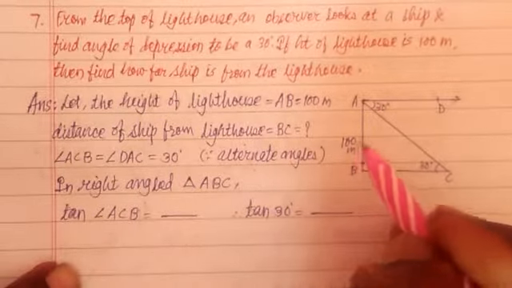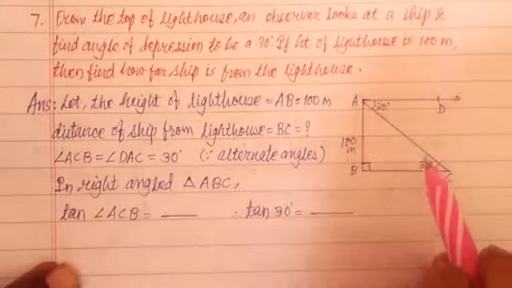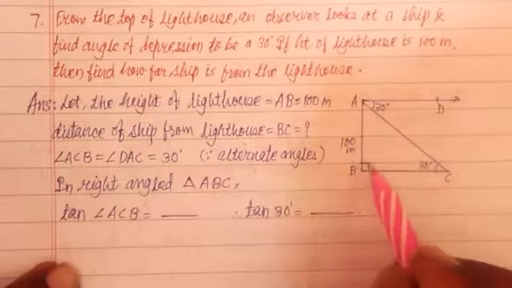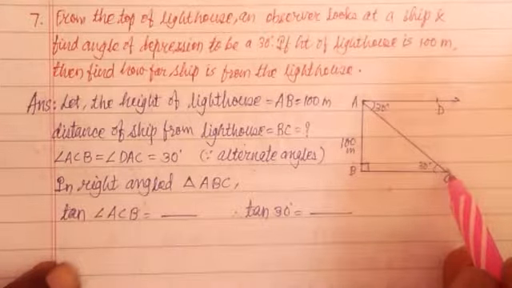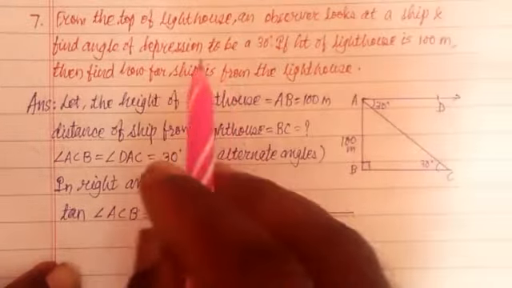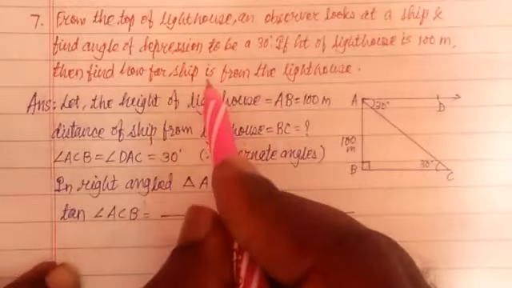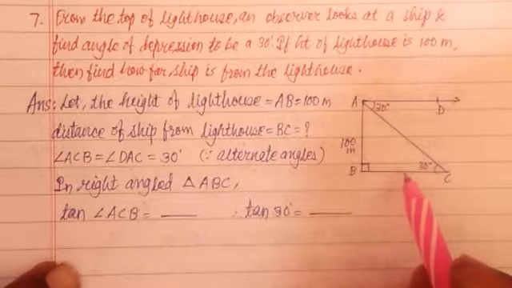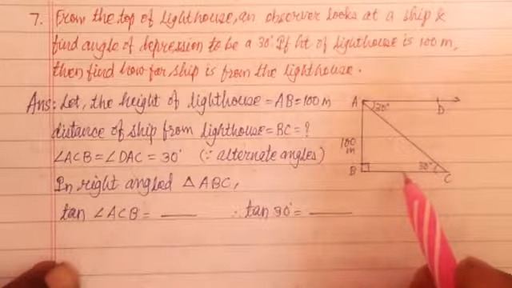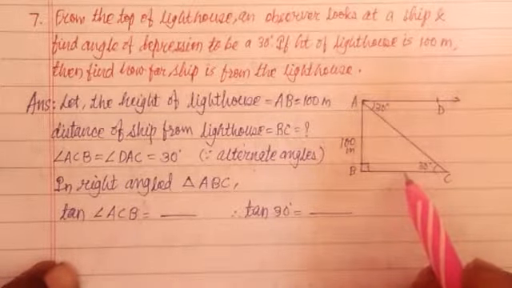Now the distance of the ship from the lighthouse, from this to this, is not given.